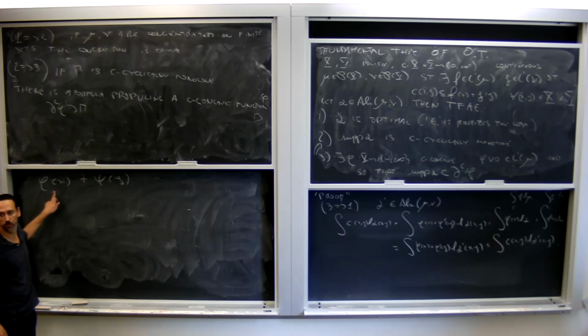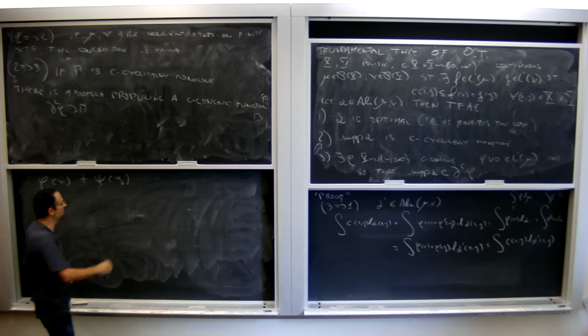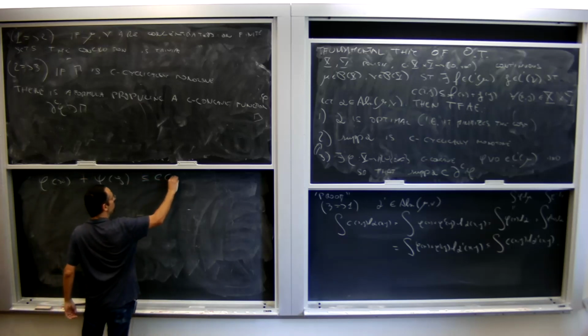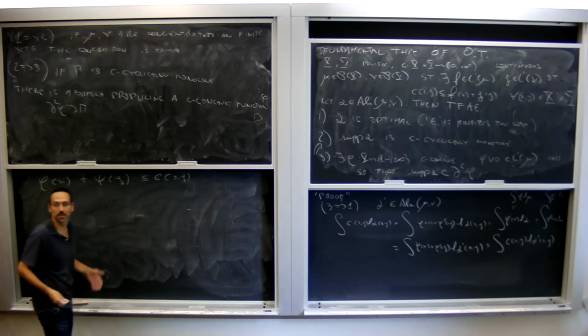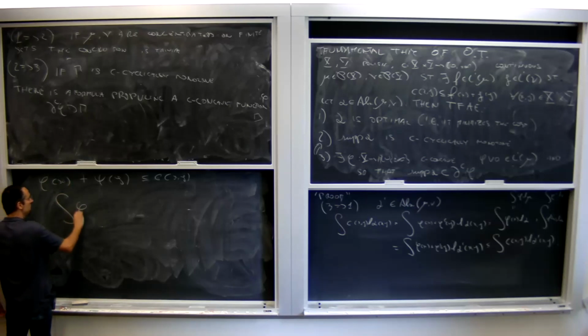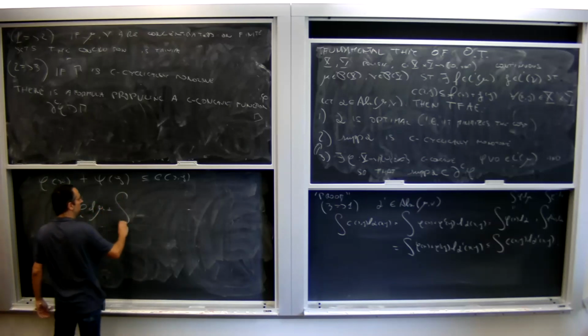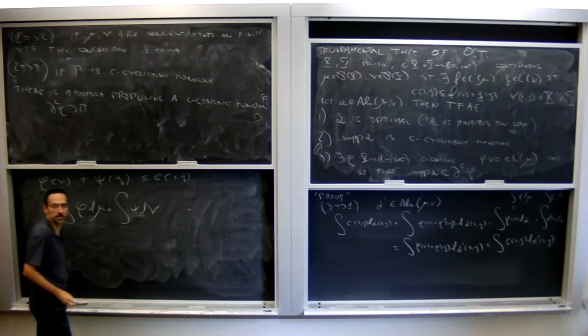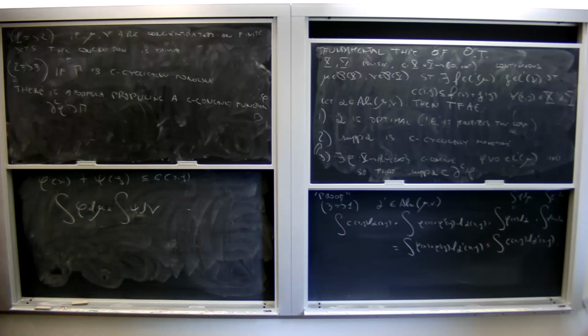Well, certainly in general I would like phi of x plus psi of y to be bounded from above by c of x,y. Otherwise, my prices are too high and they're not convenient for you. Okay. And of course, the total price that I get once I fix this, if you allow me to do the transportation, is the integral of phi d mu plus the integral of psi d nu. That's my total revenue. Okay.